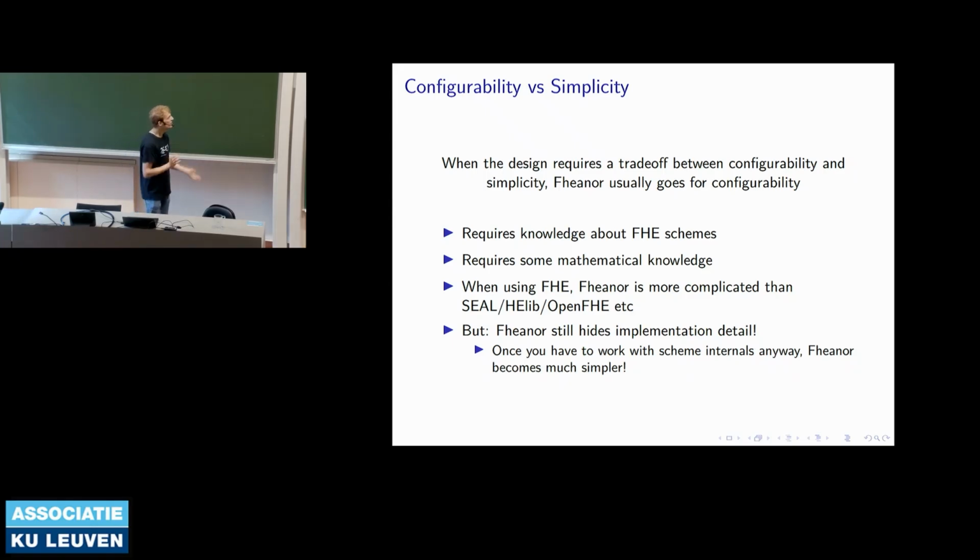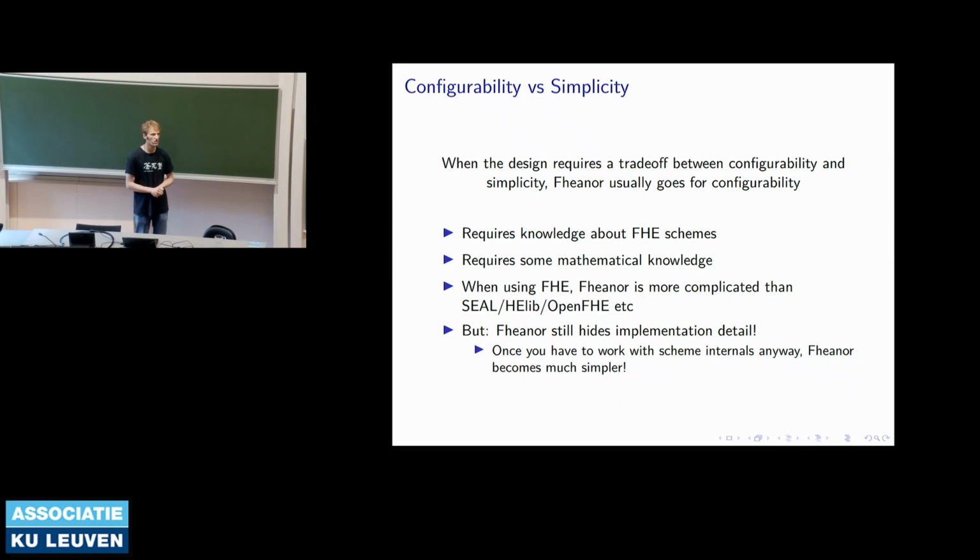You also need some mathematical knowledge, because Fheanor is built to mirror this mathematical structure, it readily uses concepts like cyclotomic rings to encapsulate certain logic. So if you don't know what a cyclotomic ring is, you probably have to learn about that before you can use Fheanor.